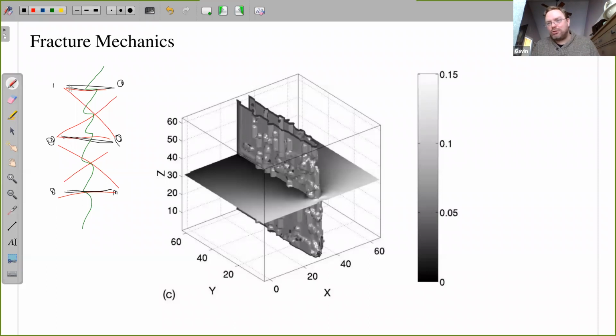And what can happen in some of these models is that you start to get a small region where all the bonds in one direction start to break first, and then bonds that have a component in that direction will start to break later on. It's a very unphysical kind of artifact, if you like.